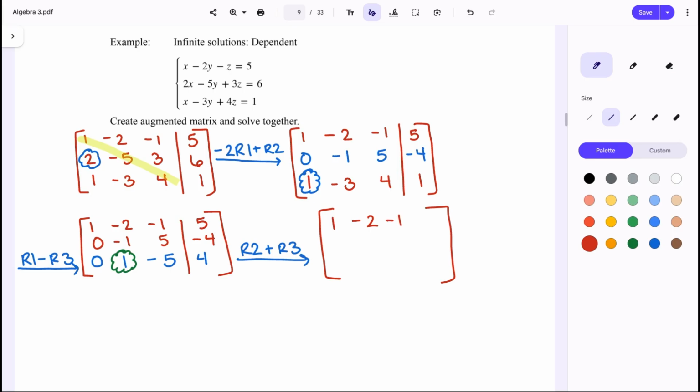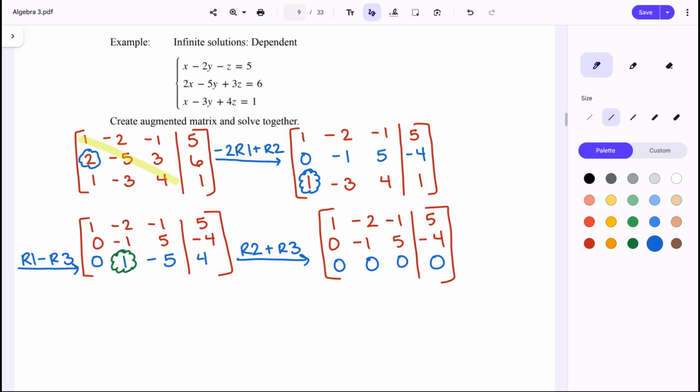Too soon. What's my new bottom row going to say if I do row 2 plus row 3? 0, 0, 0, 0. Yeah.